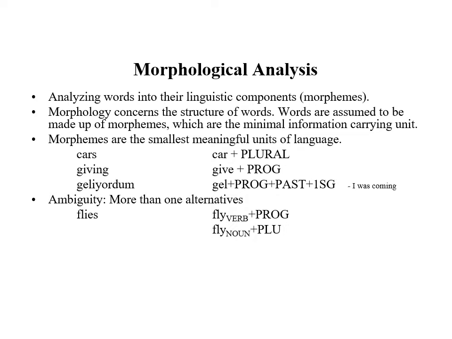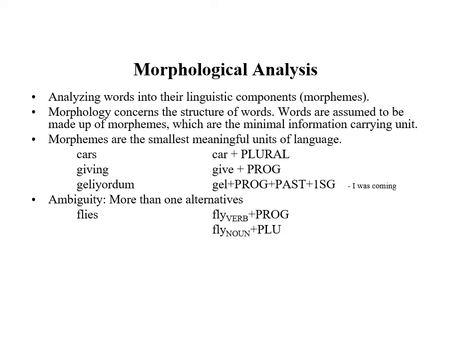So when we talk about morphological analysis, it is analyzing words into their linguistic components, morphemes. Morphology concerns the structure of words. Words are assumed to be made of morphemes, which are minimal information carrying units. For example, morphemes are the smallest meaningful units of the language.